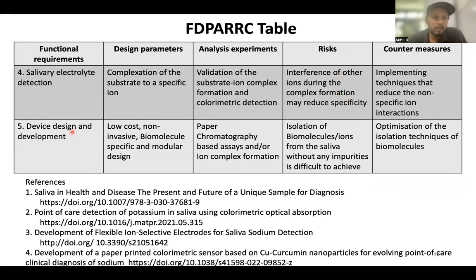And finally, we are planning to design and develop a low cost non-invasive device which has a modular design which can be used for detection of this disease. And the most important risk here is isolation of biomolecules or ions from saliva.